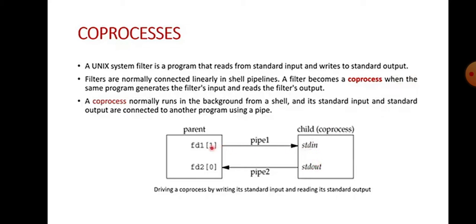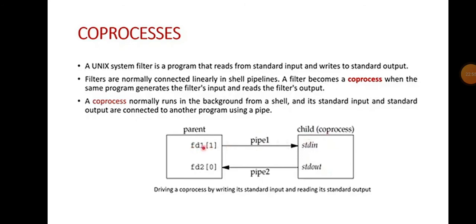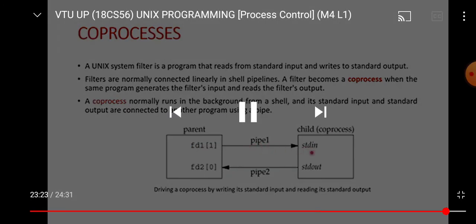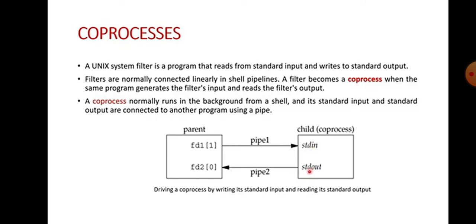Using pipe 1, the parent writes something to the standard input of the child process, and using pipe 2, the parent reads from the standard output of the child process.